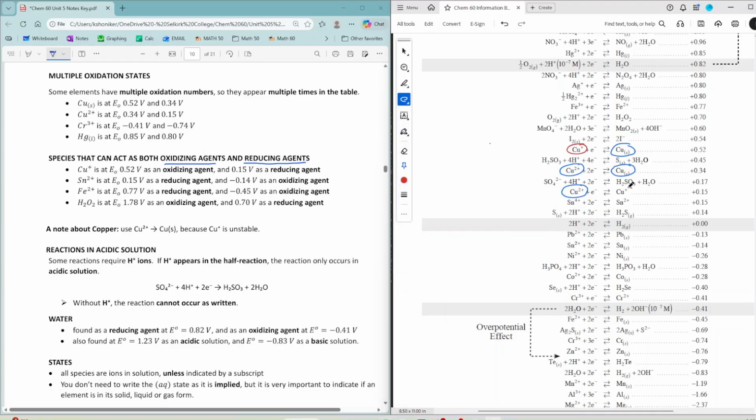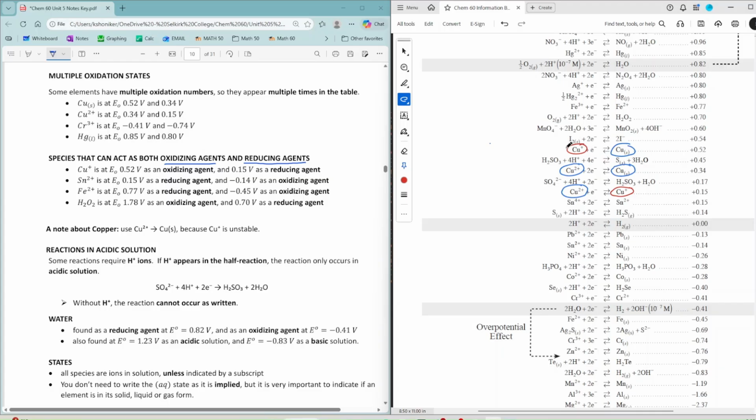Copper plus is involved in 2 of the 3 reactions as well. So copper solid can oxidize to copper 1 plus or copper 2 plus, and then copper 2 plus can reduce to either copper solid or copper 1 plus. So this leads to an interesting dynamic, which is that copper 1 plus can actually oxidize and reduce itself.